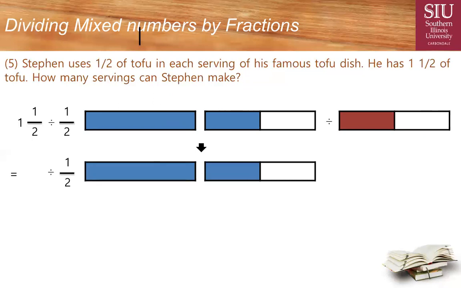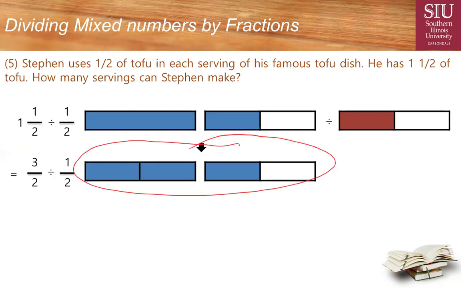Again, we want to find it out procedurally, so I'll change this into an improper fraction. So I make it 3 over 2, divided by 1/2. So this one is 3 over 2. Did you see 1, 2, and 3? And then this is 1/2 again.